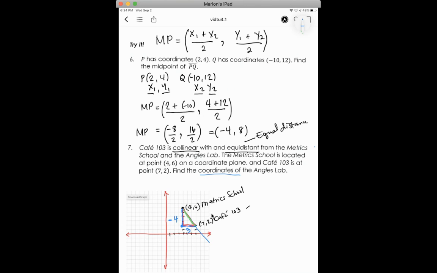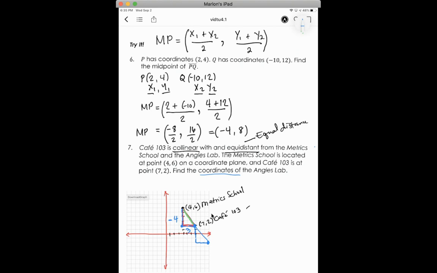If I follow this to this point, Cafe 103, I will go down 4. 1, 2, 3, 4. And I'll go to the right 1, 2, 3. So if you look at it, I ended up at this point. Right?